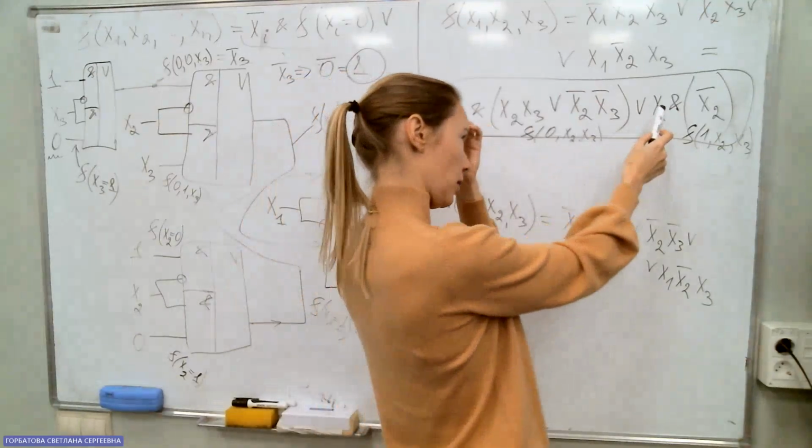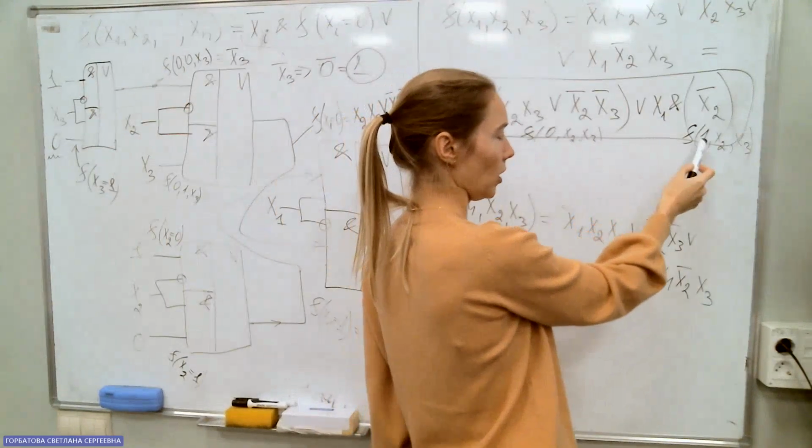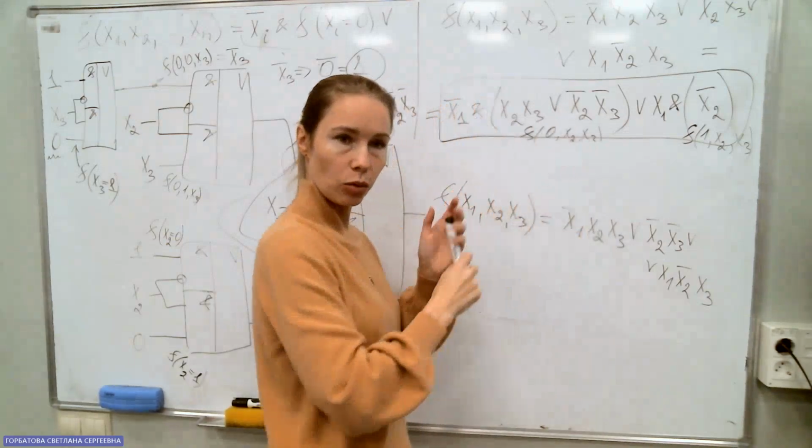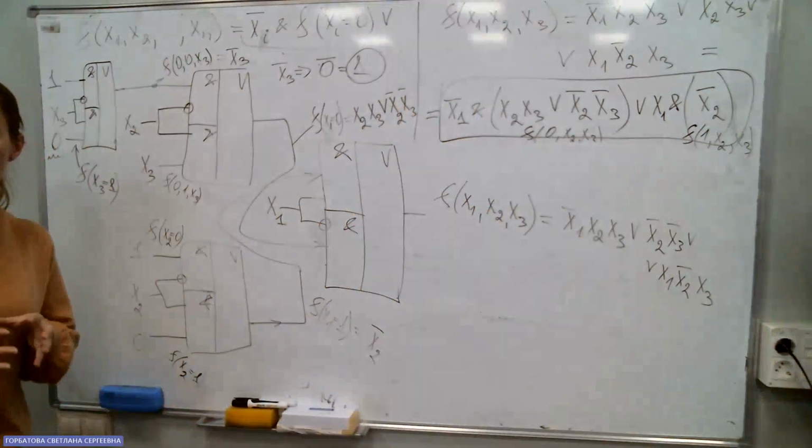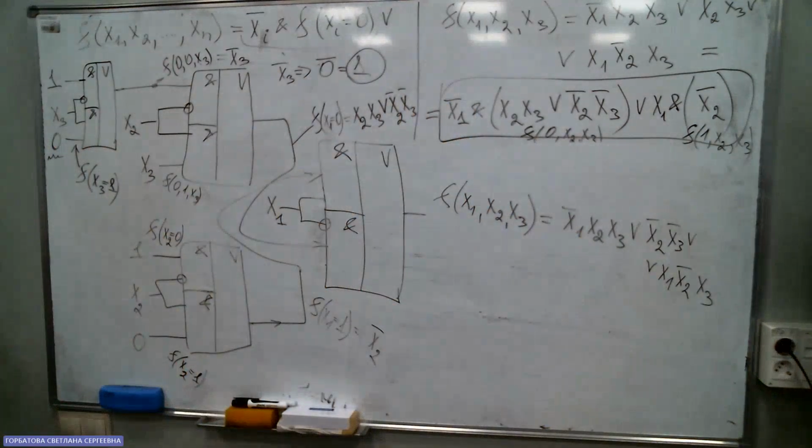If x1 without negation, then in Boole algebra, where we work with digit 0 and digit 1, there are two variants of values of a variable. And you can get another scheme.